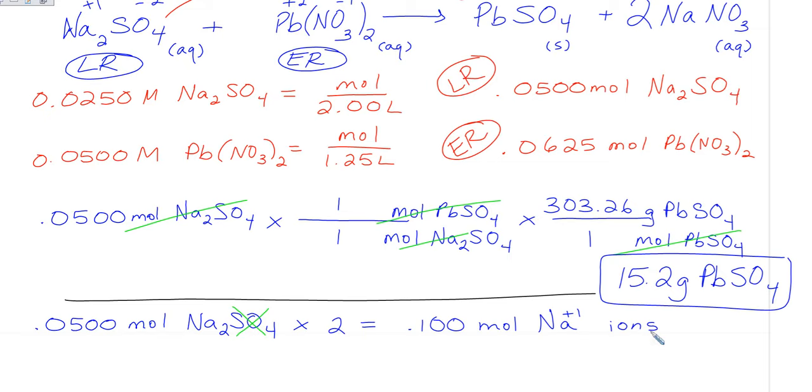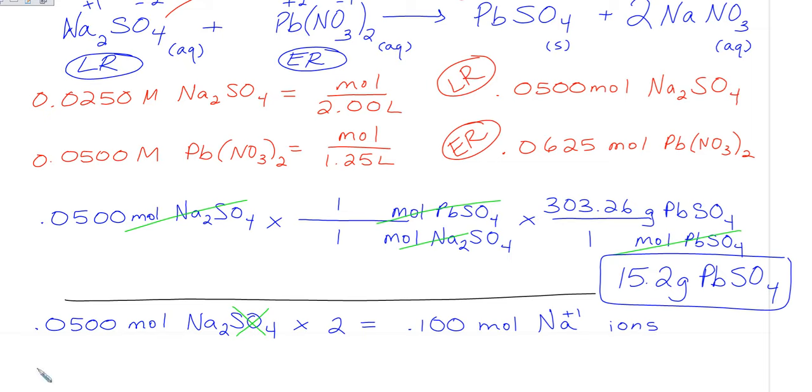Now let's look at the lead nitrate. Let's look at nitrate first, because something similar is going to happen. All of the nitrate ions in the original solution are still present as ions on the product side. They're all aqueous. It's another spectator. So I can do the same thing with the lead nitrate.